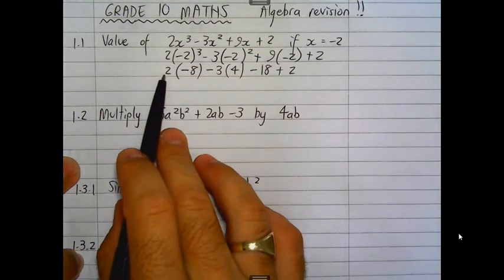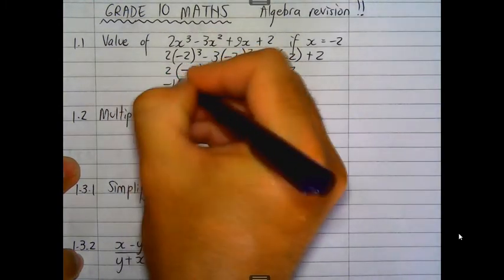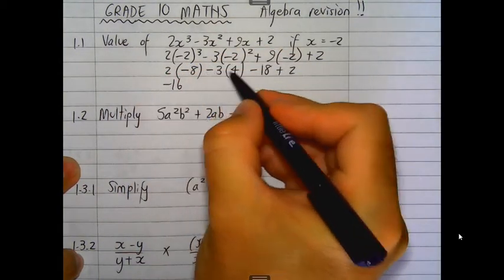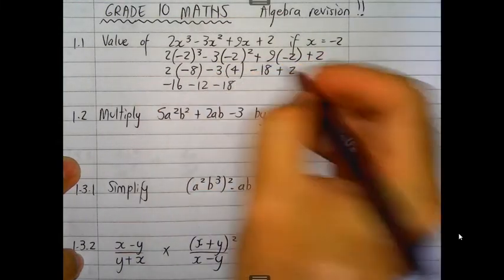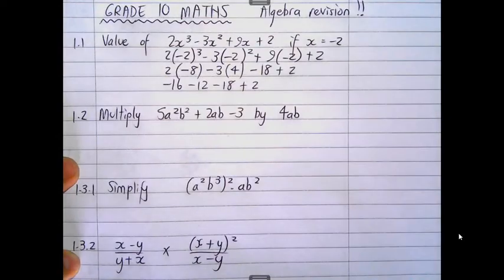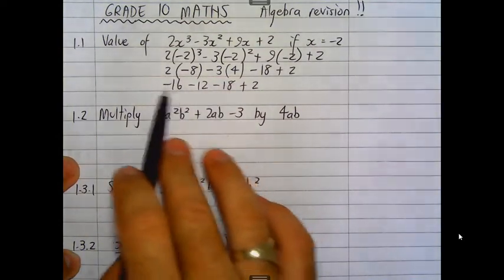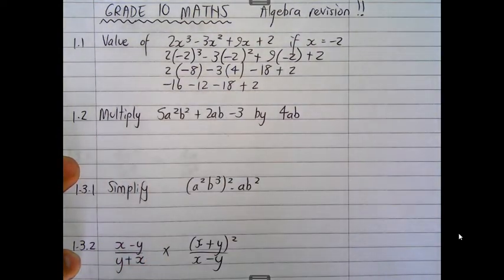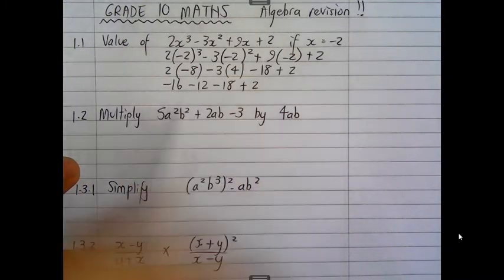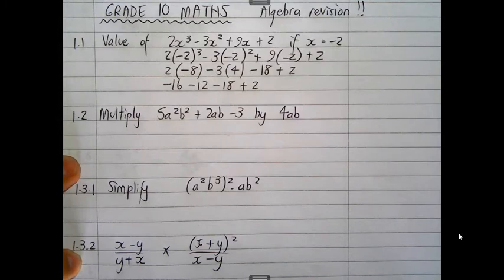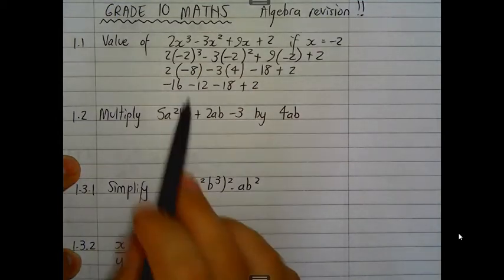Next step, 2 times negative 8 is negative 16. Negative 3 times 4 is negative 12. We've got our minus 18, and we've got our plus 2. If you're not too sure now in terms of working that out, you're welcome to use your calculator, but let's try to do it in our heads. Negative 16 minus another 12 is negative 28, right?